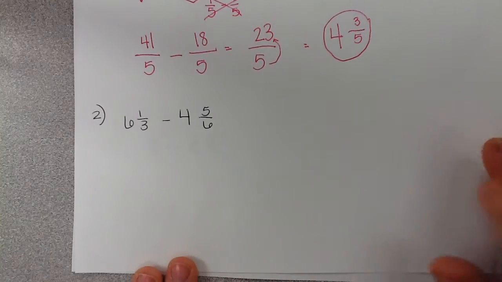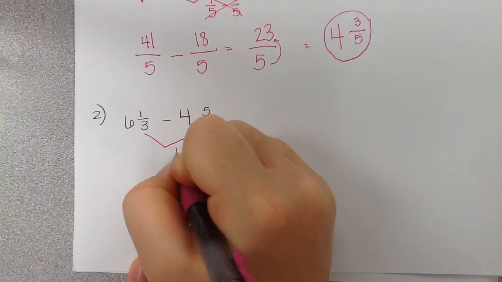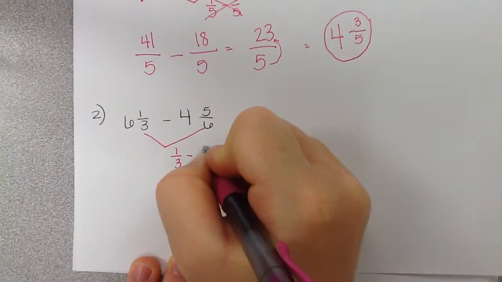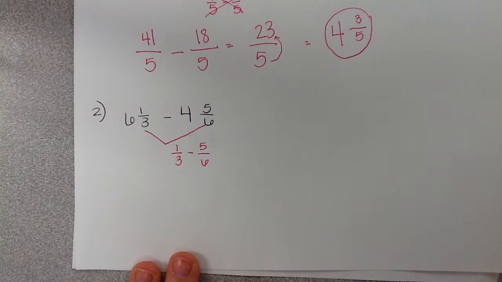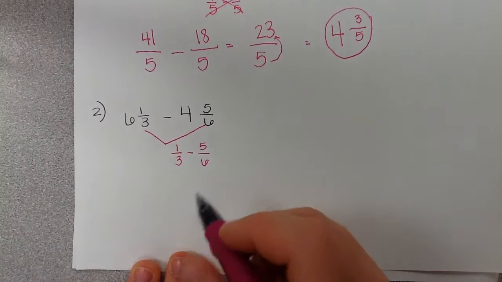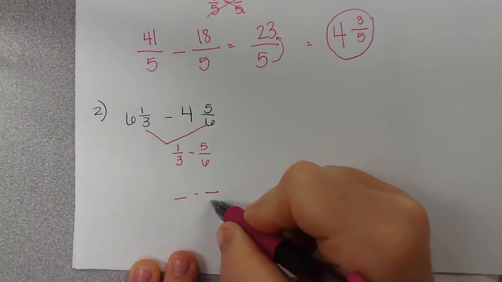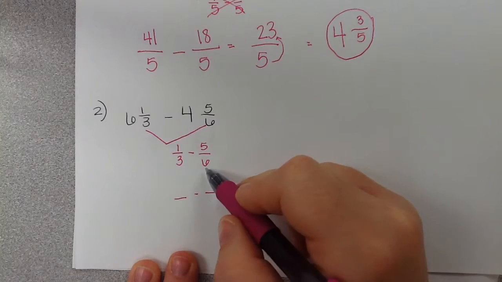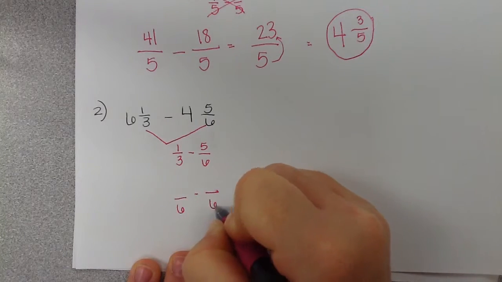Let's take a look at number 2. When I go to do my fraction pieces, 1/3 minus 5/6. Add or subtract? Make your shoes match. Do our shoes match here? Do we have common denominators? No. So the first thing I have to do here is get matching shoes. 3 and 6, what is the match? 6 will work.